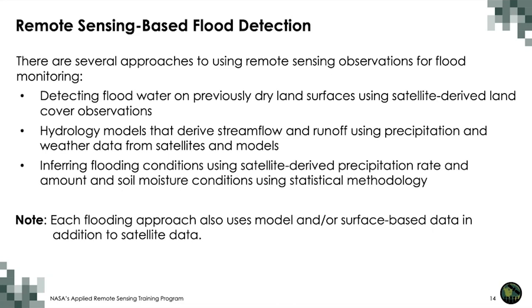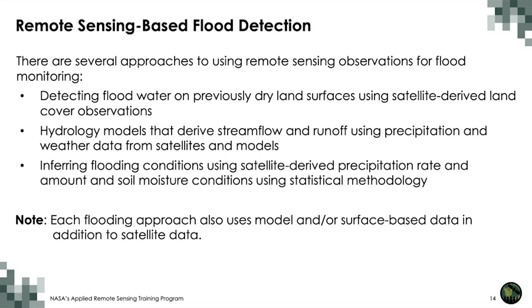Reviewing the observation-based flood detection, there are several approaches as listed here. First is detecting floodwater on previously dry land using satellite-derived land cover observations. And for that, optical satellite data as well as microwave radar data are commonly used for looking at land cover and detecting floods.